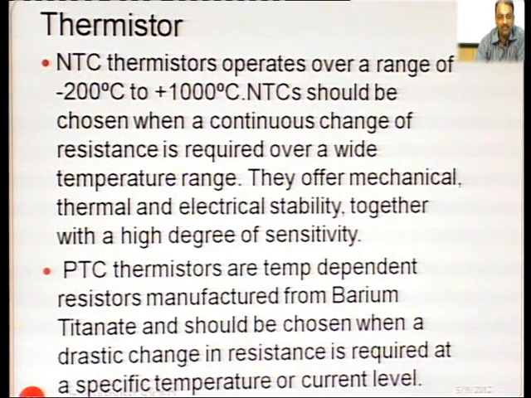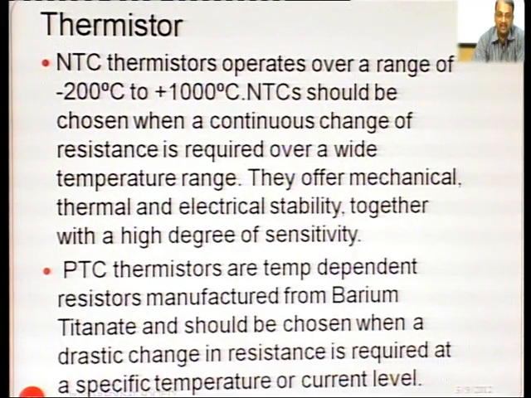NTC, negative temperature coefficient thermistors, operate over a range of minus 200 degrees centigrade to plus 1000 degrees centigrade. NTCs should be chosen when a continuous change of resistance is required over a wide temperature range.